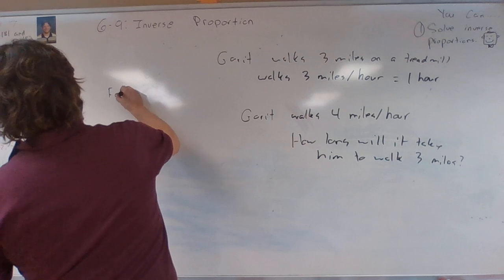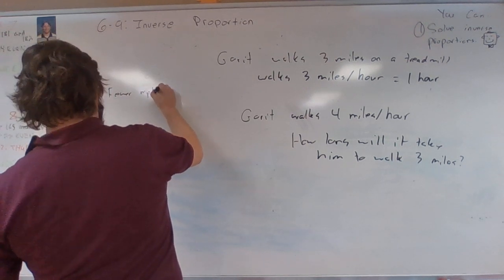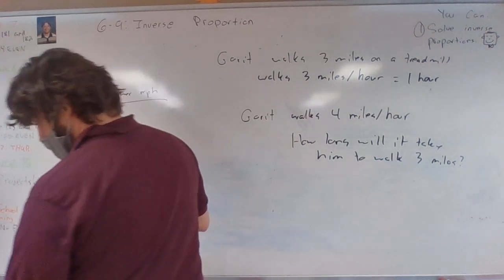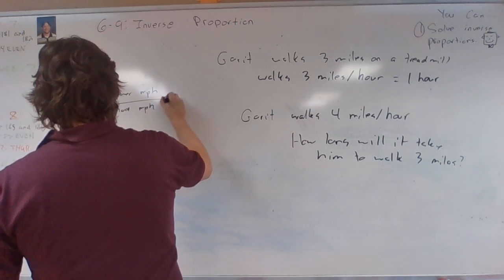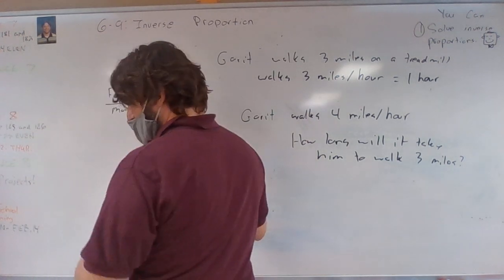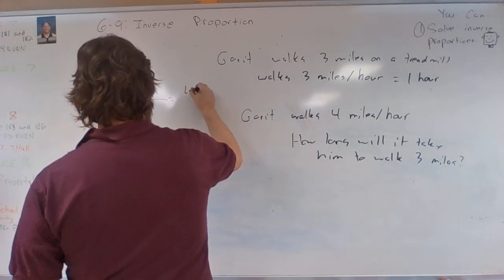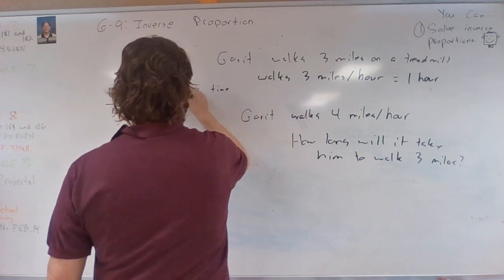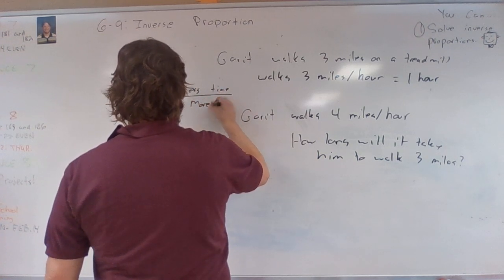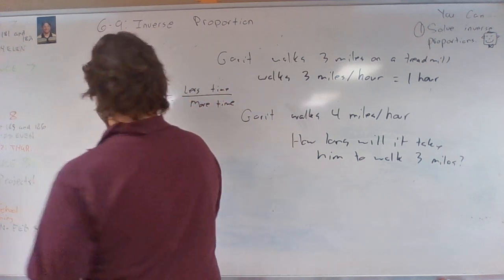So fewer miles per hour over more miles per hour equals less time over more time.